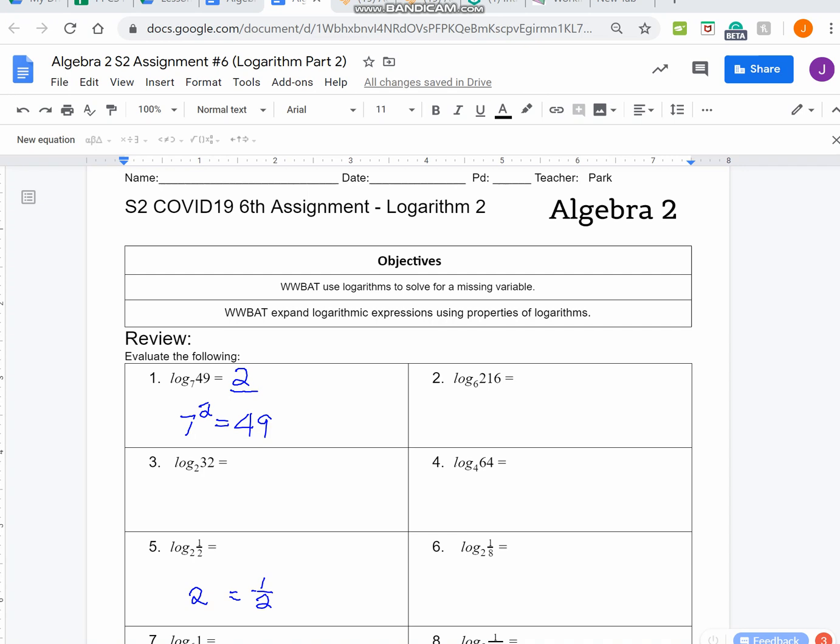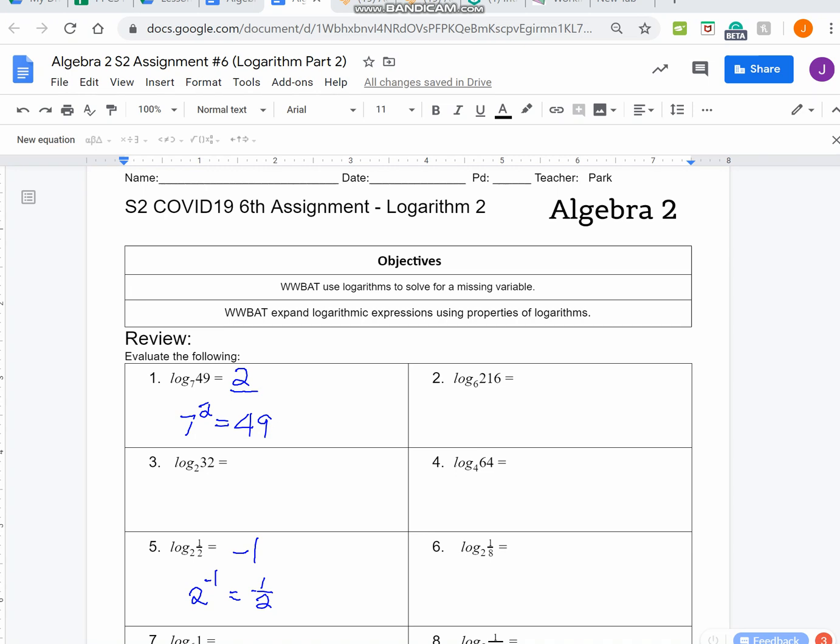Since it has been flipped, what you need to have as an exponent is going to be negative 1. Yeah, so when you have negative exponents, you were supposed to flip it. And that's the reason why you have to have negative 1. So then it's going to be negative 1 for number 5.